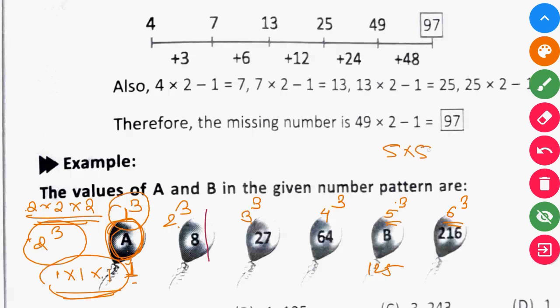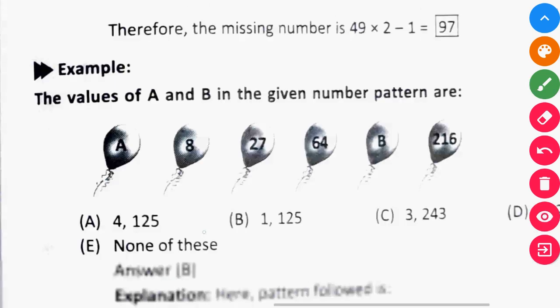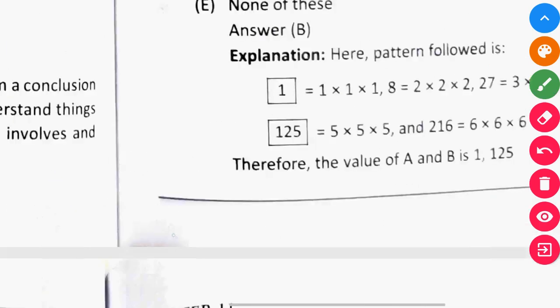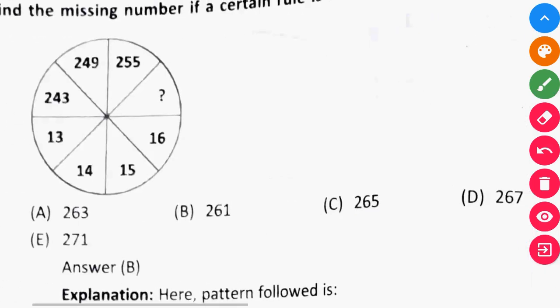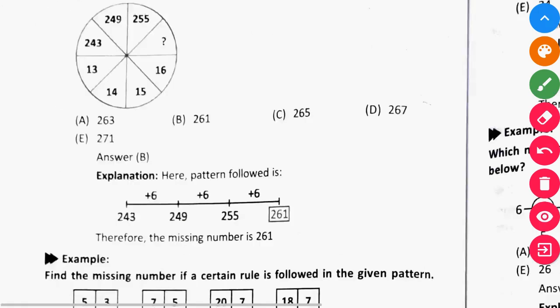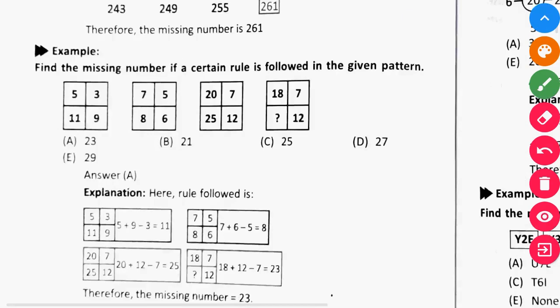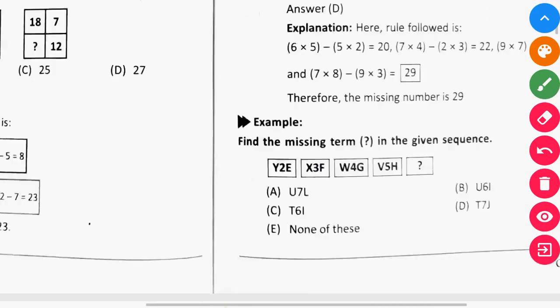So 5 multiplied by 5 multiplied by 5, 3 times. The first two give you 25 and 25 fives are 125. So your answer is 1 and 125. Like this you have to identify the number pattern in the given series, and many solved examples are there based on number patterns. So you can go through them.